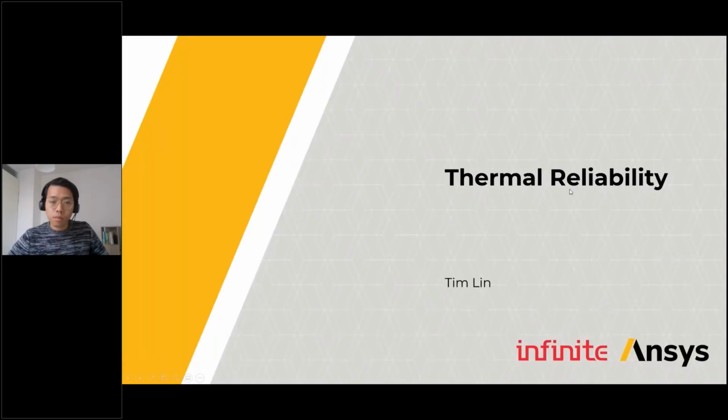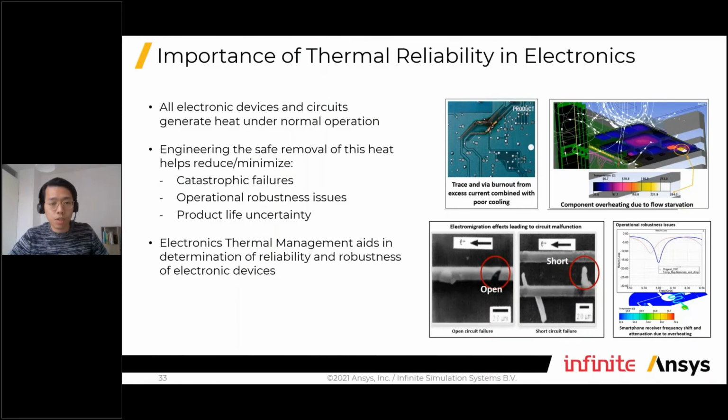Okay, so as I said, let's dive into thermal reliability first and see what kind of challenges we have and how we're going to tackle them with the Ansys tools. If we look into thermal issues, there are some that are very critical to solve. You can see there's some burnout here because of high power concentration points. There are always some hotspots.